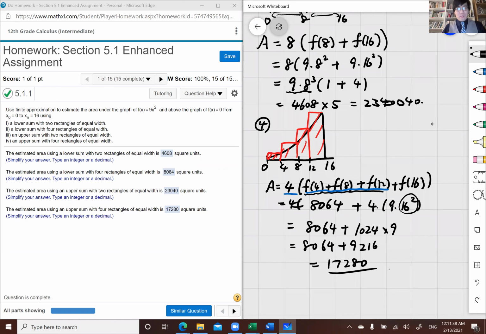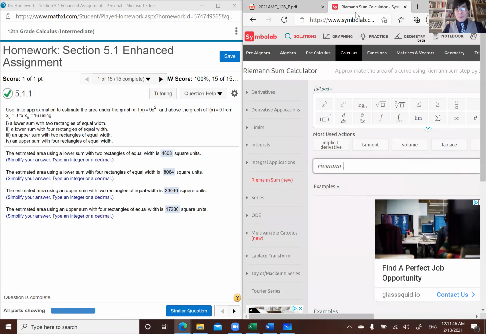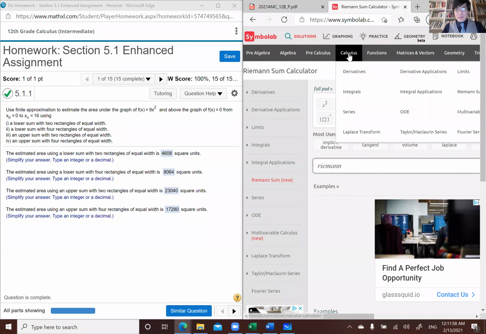Now, let me show you one useful website to compute these, which is the Riemann sum calculator. Okay, in symbolab.com, go to calculus. You go to calculus and you can find the Riemann sum.